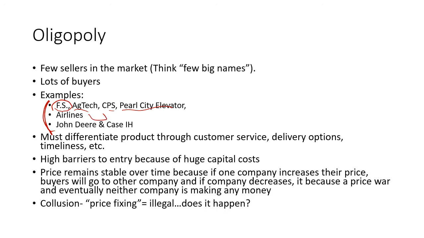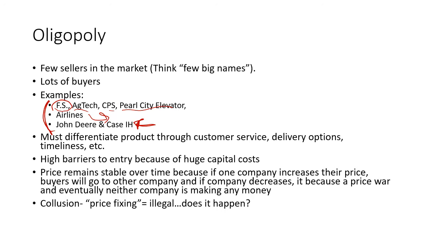Another example is airlines. We have a limited number of airlines that we can choose from. We can choose from American Airlines, we can choose from Southwest, and we can choose from about 5 or 6 more. There are not hundreds and hundreds of airlines that we can purchase a plane ticket from. Another example from the ag world is ag machinery brands.